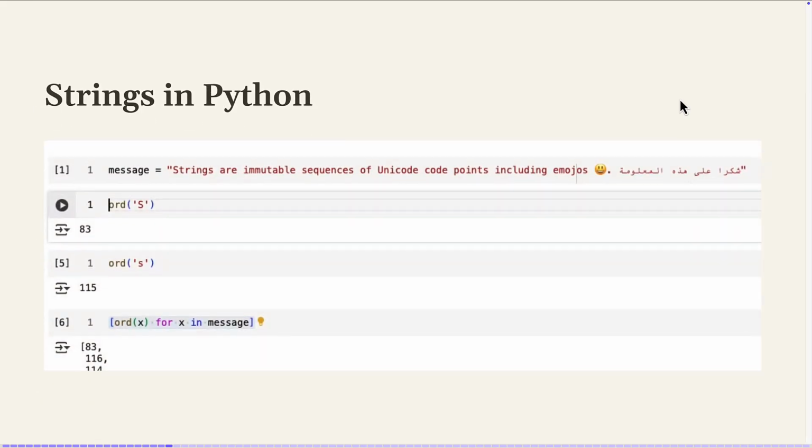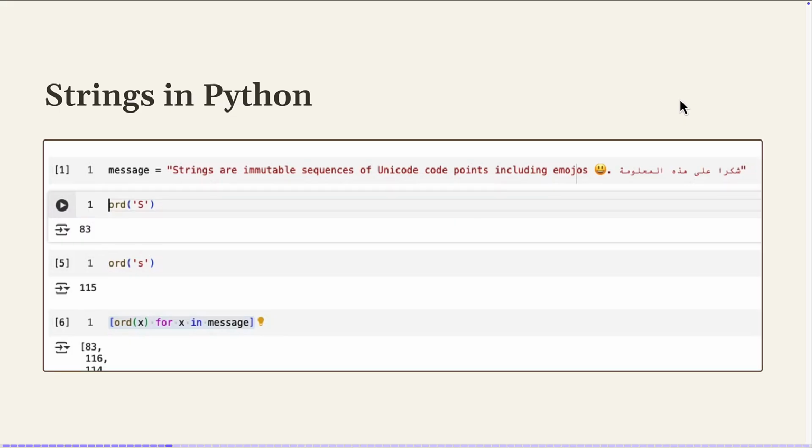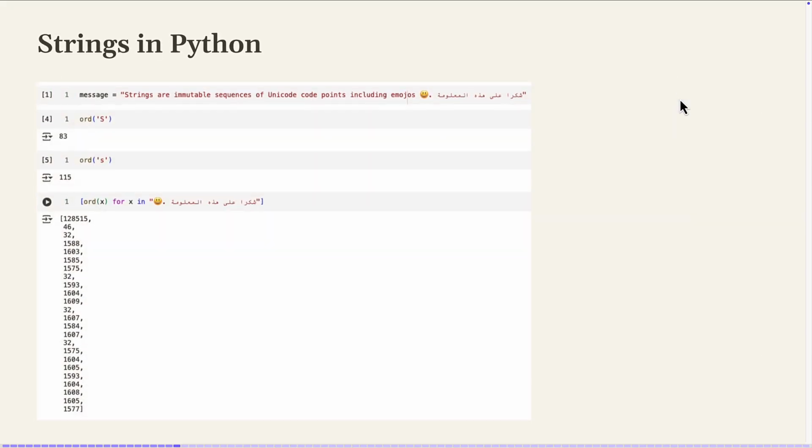Okay, this is an illustration in Python of how we can convert every character to its Unicode point. If we use ord of a certain character, this will give the Unicode point corresponding to the character. And we can convert this whole message, so it can be considered just a sequence of Unicode points.